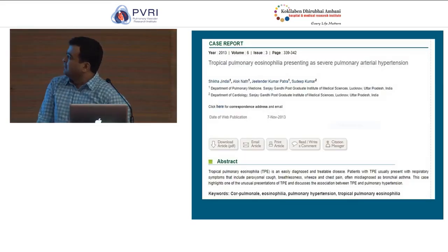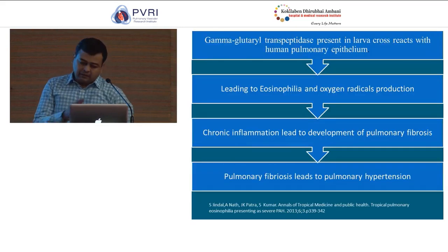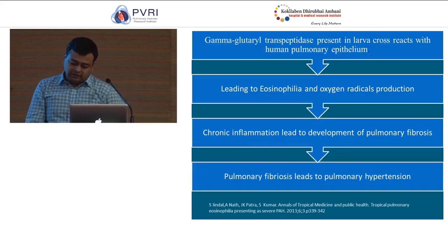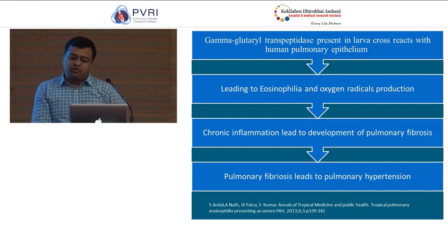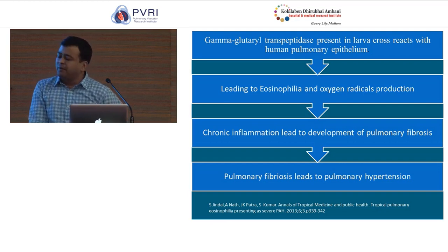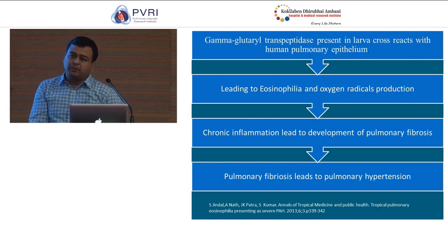From all the literature review, we came to a conclusion that the antigen present in the larva cross-reacts with the human pulmonary epithelium, which leads to eosinophilia and oxygen radical production, which leads to chronic inflammatory changes and pulmonary fibrosis, which can lead to pulmonary hypertension.